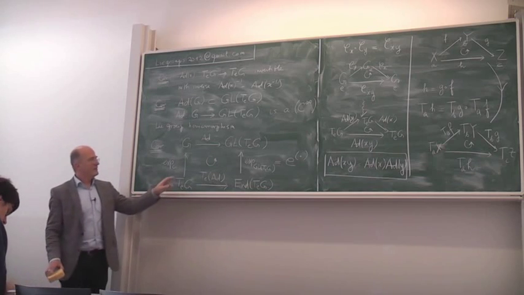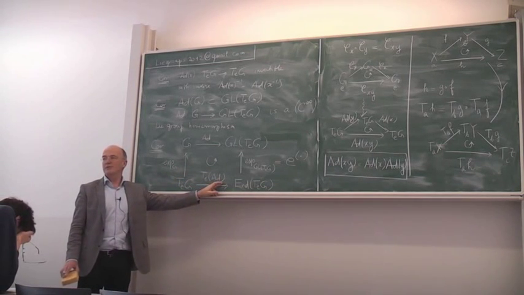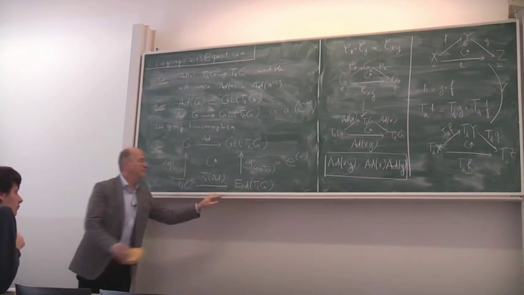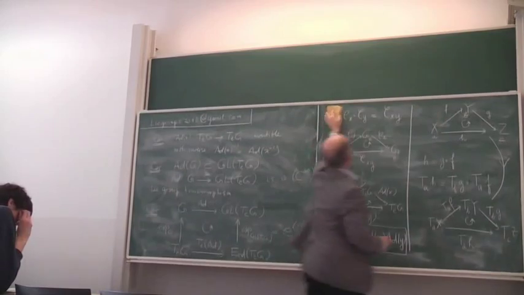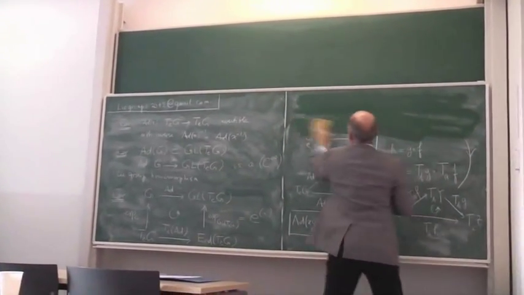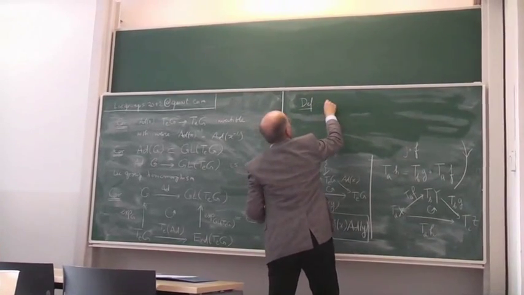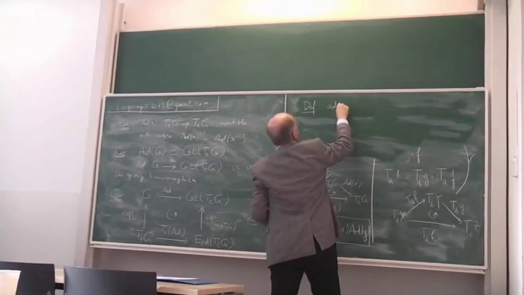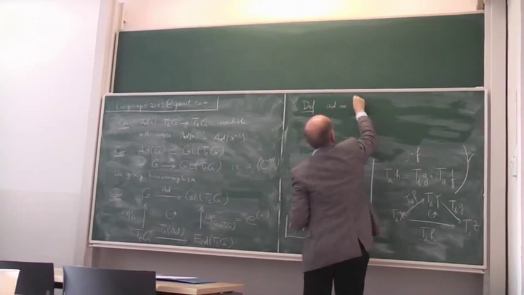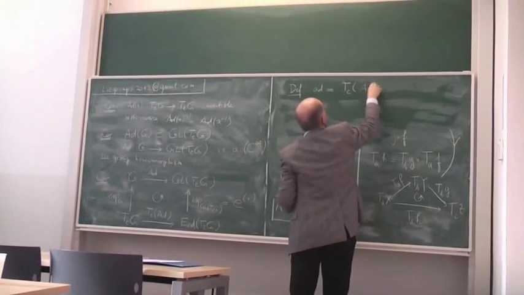Now, obviously, this map is going to be of importance. Let's give it a name. Definition: we define little ad to be the tangent map at the identity of Ad.